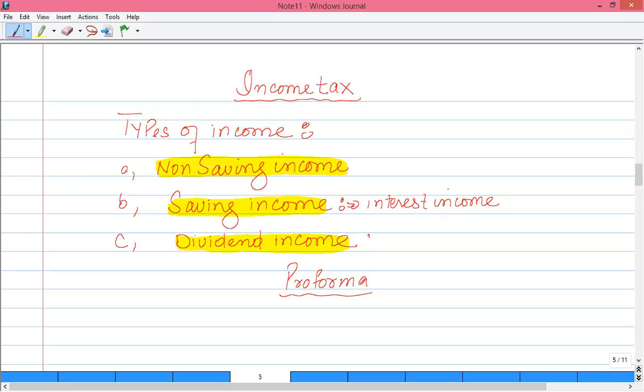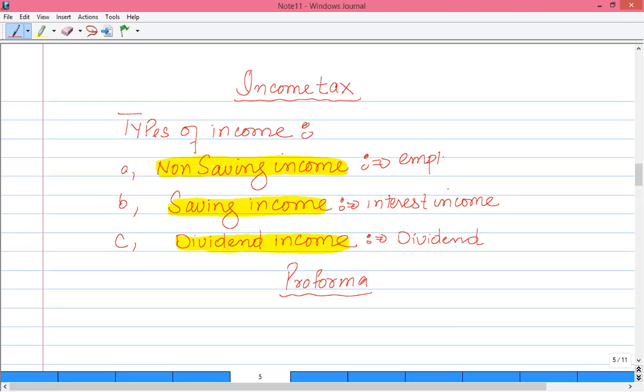And if you have invested in the shares of a company and you are receiving dividend from that investment, then it's classified as dividend income. Other than interest income and dividend income, whatever source of income is taxable in nature is to be classified as non-saving income.